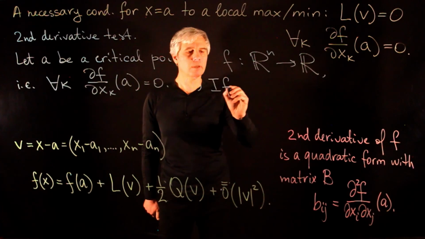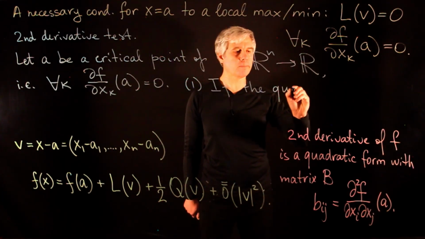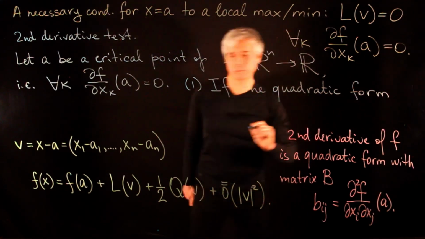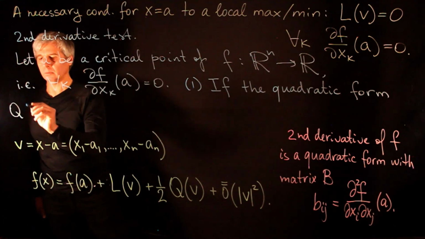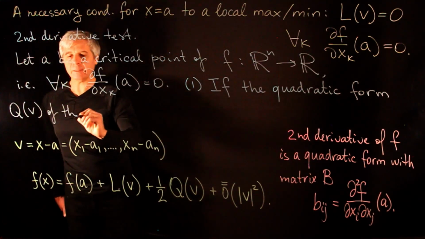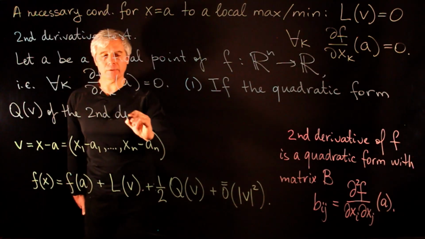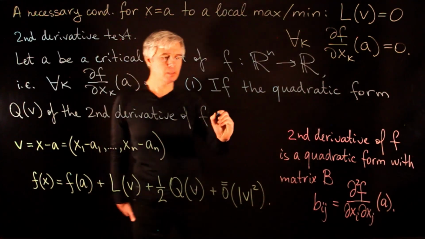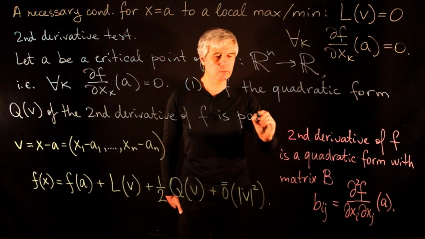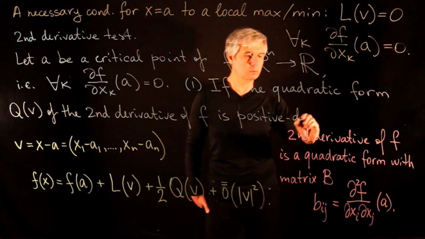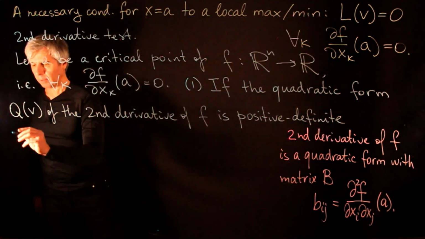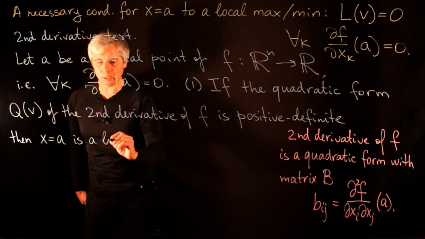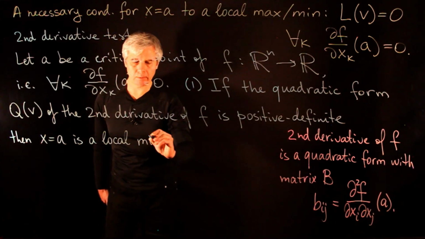If the quadratic form q of v of the second derivative of f is positive definite, then x equals a is a local minimum point.